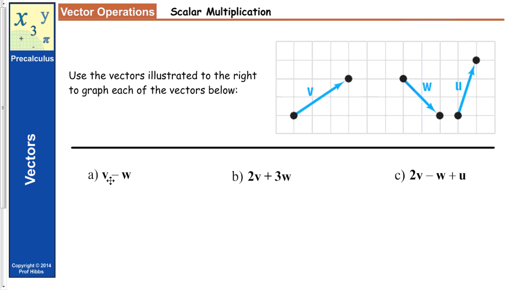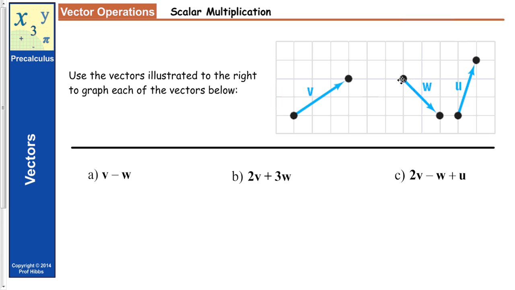So v minus w. Well, what we need to do, remember, is write down v. So here's our v, and then we need to take our w, what we're subtracting, and give it the same beginning place.